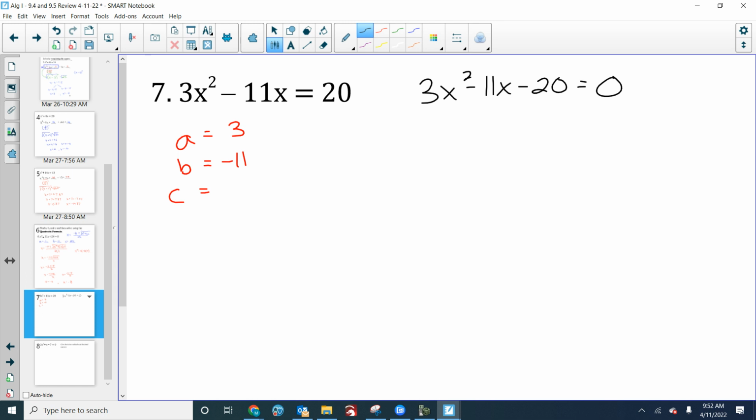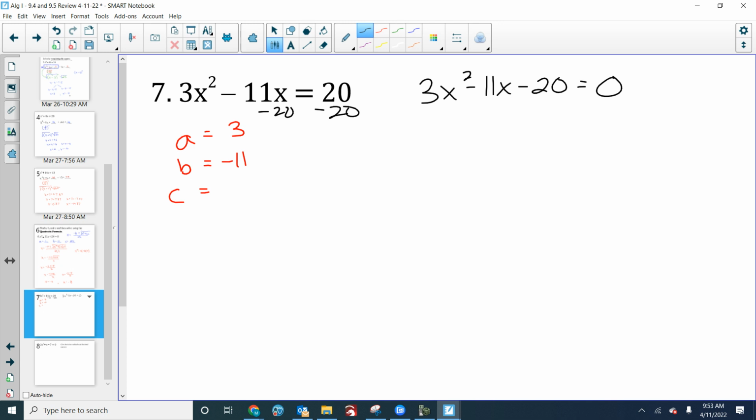Yeah, I had to subtract 20 from both sides to get it to be 0 over here. Quadratic formula only works if it's set equal to 0. Do you see how that's a pretty big mistake that's going to happen tomorrow on the quiz? Do I need to move the 20 over if it's completing the square?